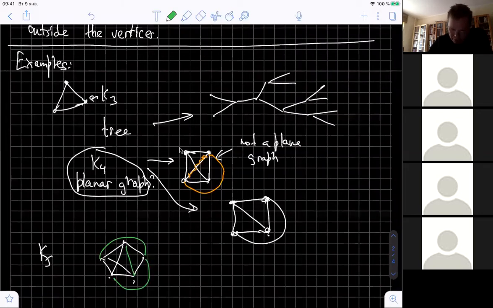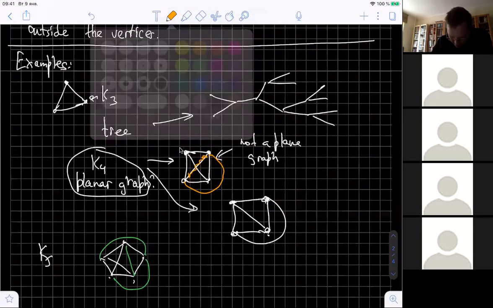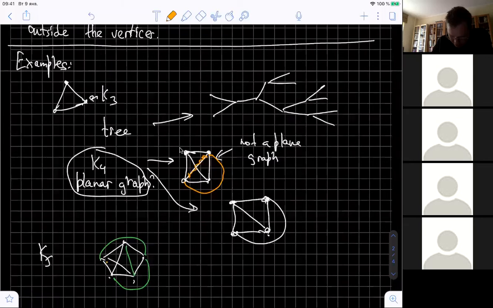But here I will have a problem. I don't know what to do with this last edge, because I cannot draw it such that it does not intersect other edges.